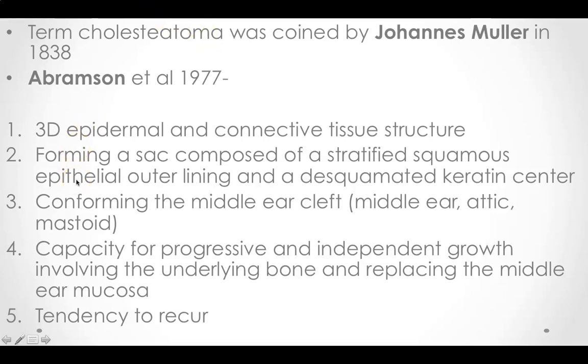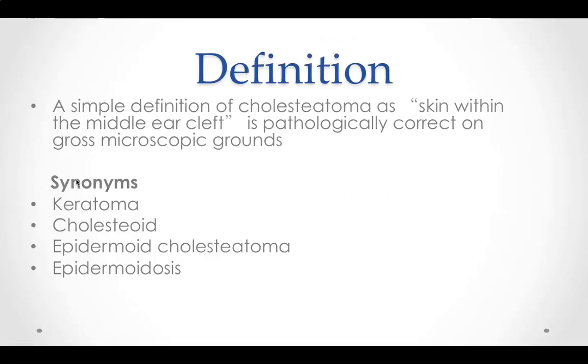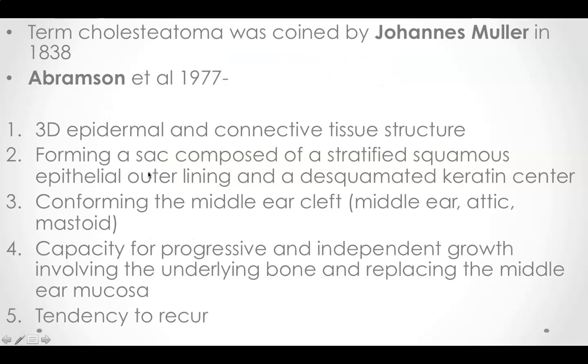We know that it means skin within the middle ear cleft, but if you have to write a definition, the real definition of cholesteatoma has 5 points. Number one, it is a 3D epidermal and connective tissue structure forming a sac composed of stratified squamous epithelial outer lining and a desquamated keratin center.